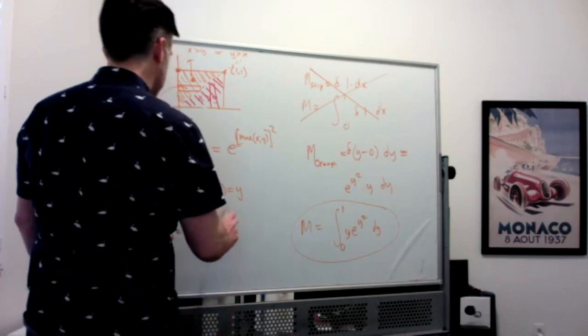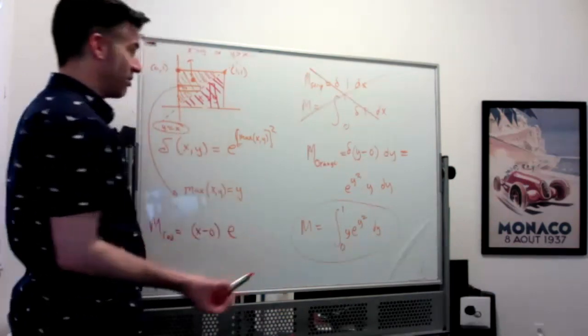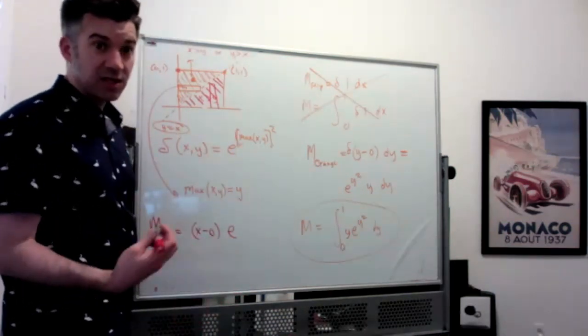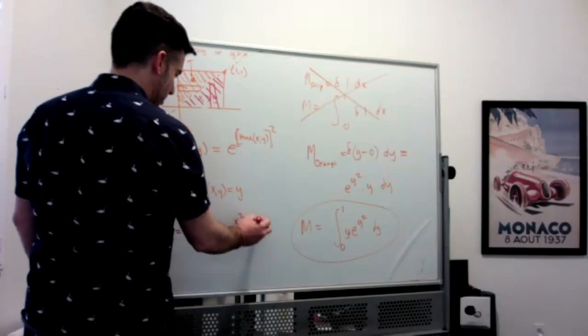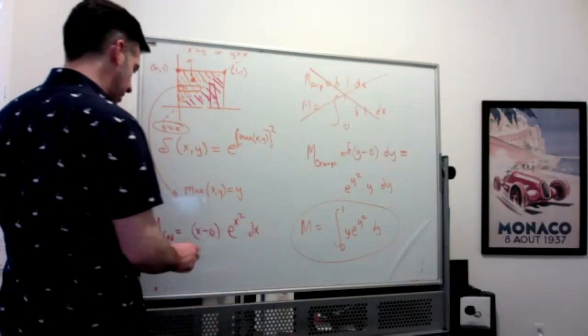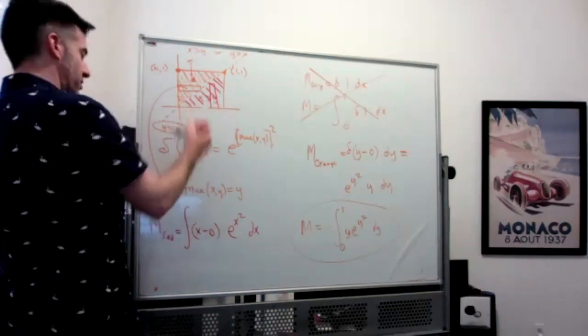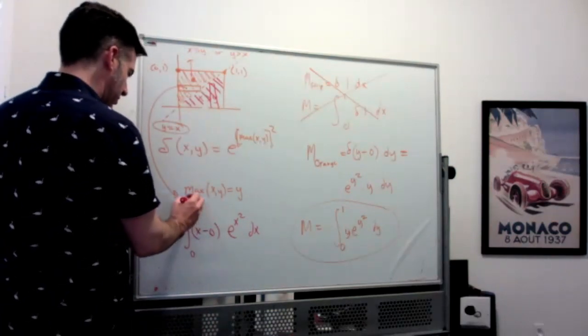The density, since x is bigger than y, is now going to be e to the x squared, times the width, which is dx. And then the total mass is going to be the integral of that from as far left as 0 to as far right as 1.